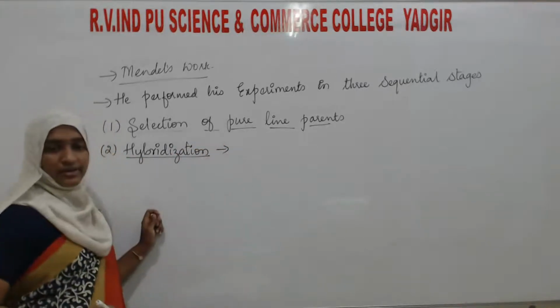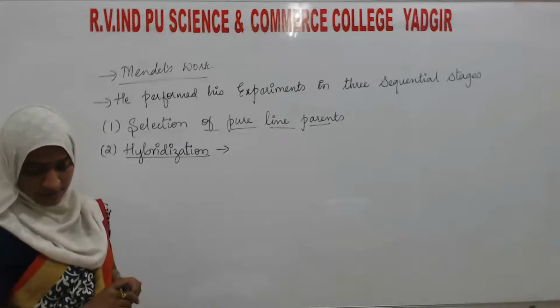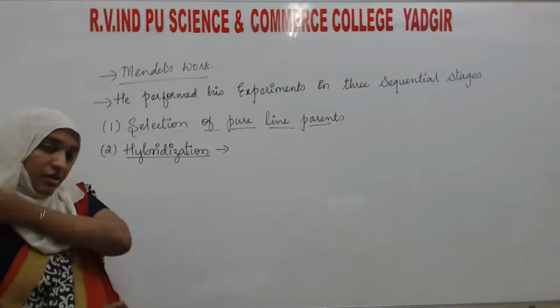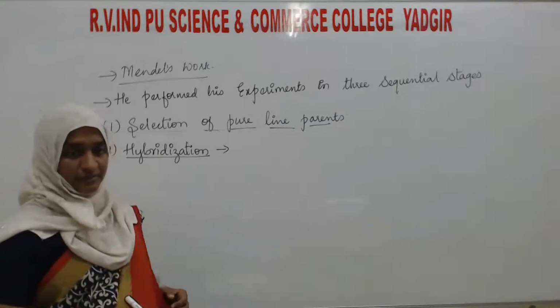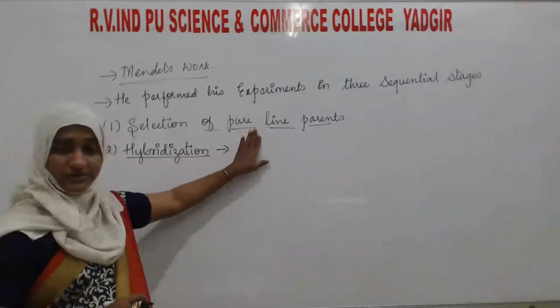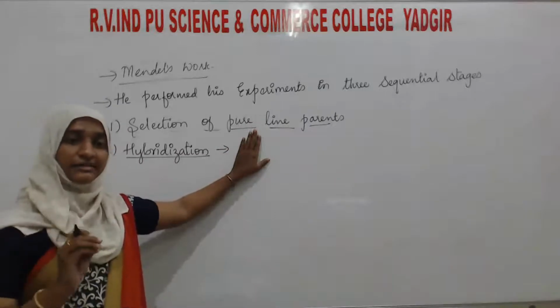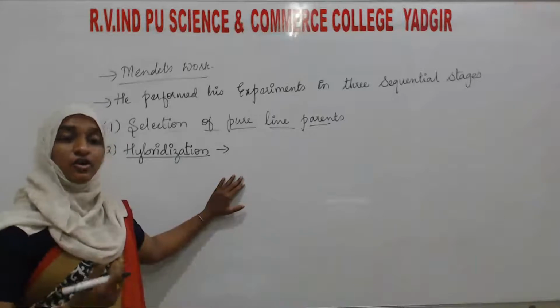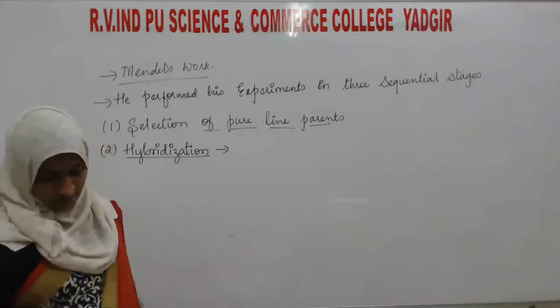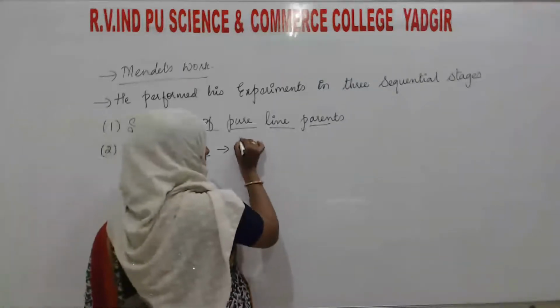For hybridization, he cross-pollinated two plants with contrasting features. In the first stage he self-pollinated, but in the second stage he goes for cross-pollination. He cross-pollinated two plants.